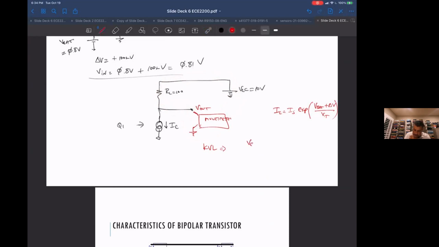The first step is 0 plus VCC, which is this node. So I have ground plus VCC minus the voltage across this RL, VRL, minus V out is equal to 0.